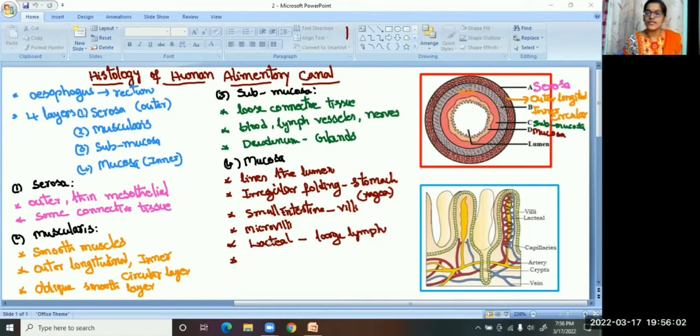And this mucosa has goblet cells that secrete mucus, which is helpful for lubrication.